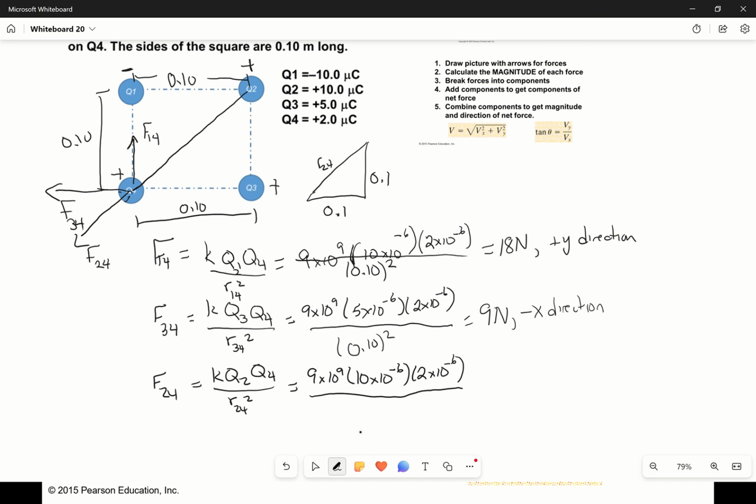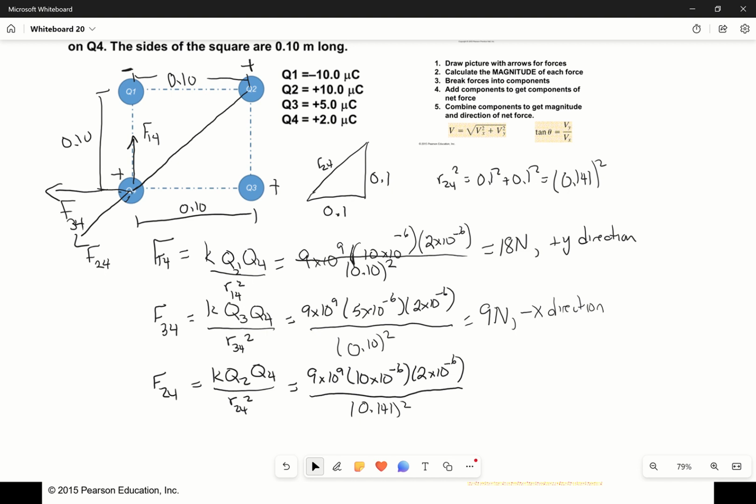So R24 squared is equal to 0.1 squared plus 0.1 squared. Okay, so that's 0.141 squared.